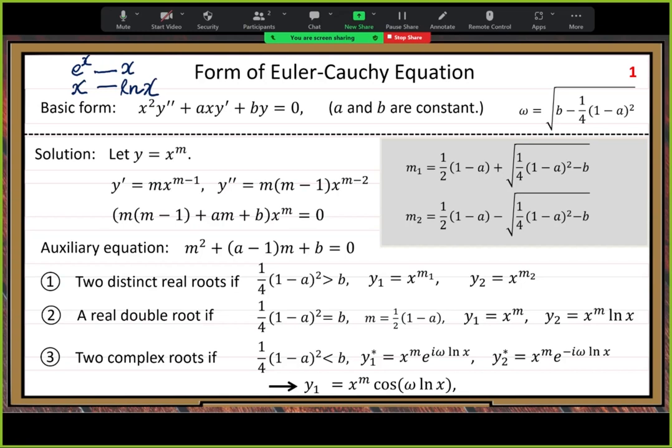Look at the exponent: we need to preserve the structure in the exponent, omega natural log of x. Then y2: replace cosine by sine. That's the final solution. The complex i is gone.